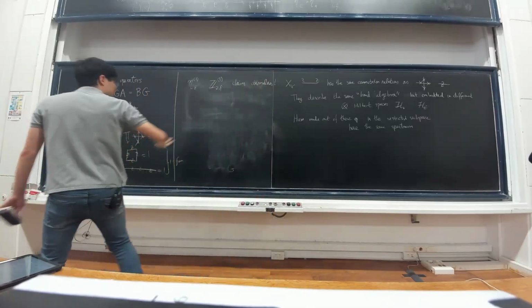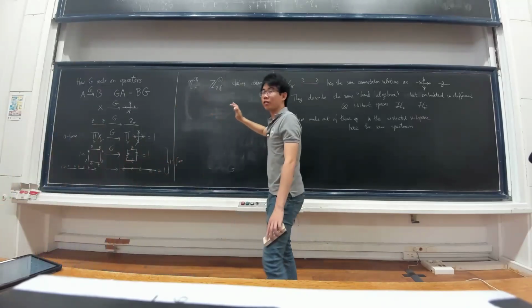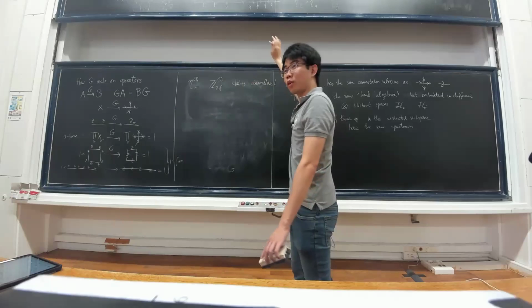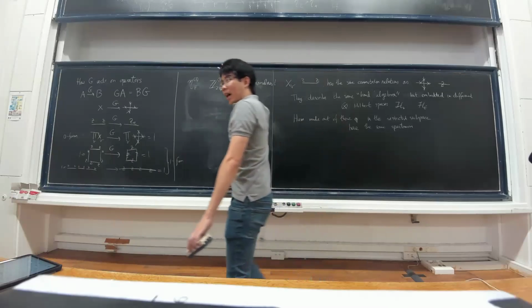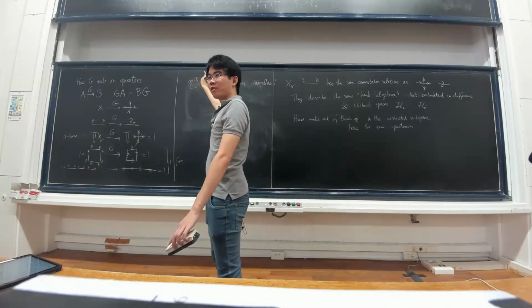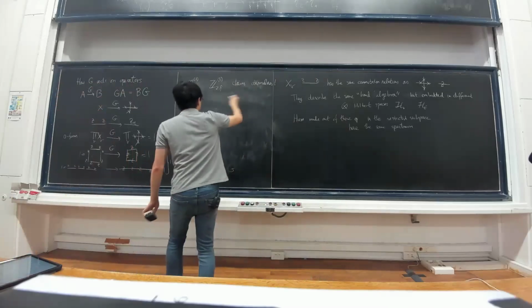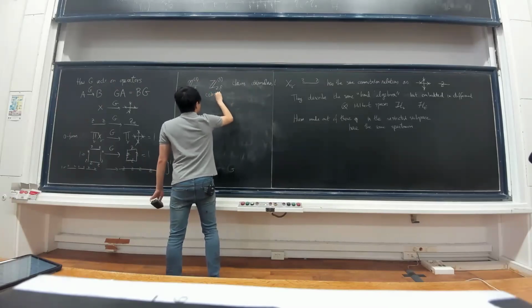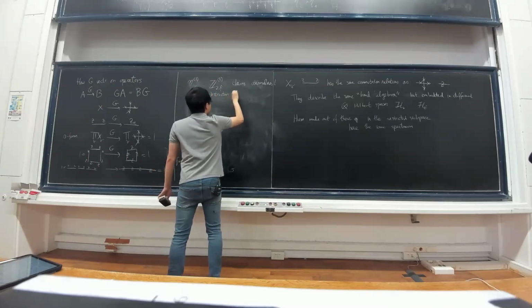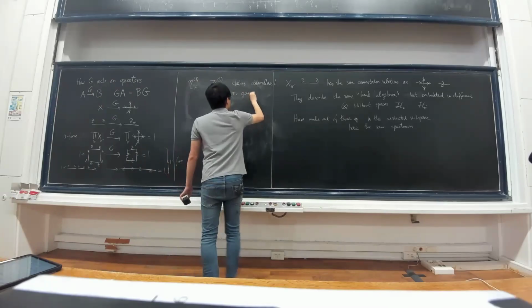So if we started with the spin system with this symmetry, and I tried to gauge it, I would run into a problem. By anomalous here, I mean there's an obstruction to gauging. So let's see what goes wrong.